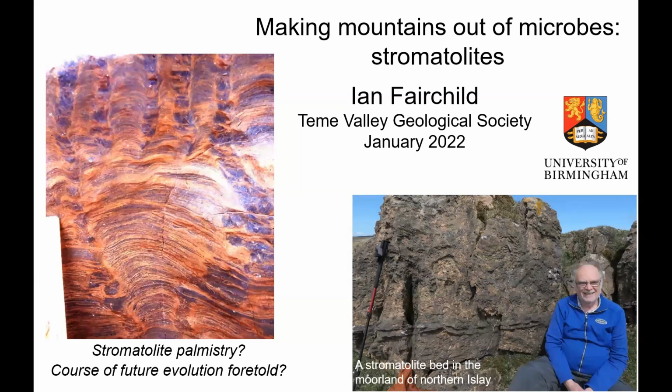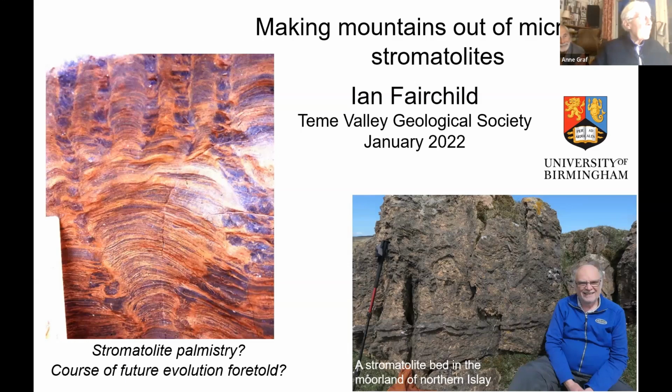And we also find lots of microfossils in the Precambrian too. But the stromatolites, they're macroscopic. You can go to an outcrop and you can see them. And so they are, for most of the Precambrian, the only macroscopic evidence of life that we see. And you see that right back to the Archean, back to 3.5 billion years ago.